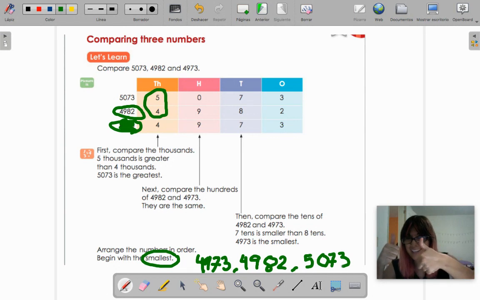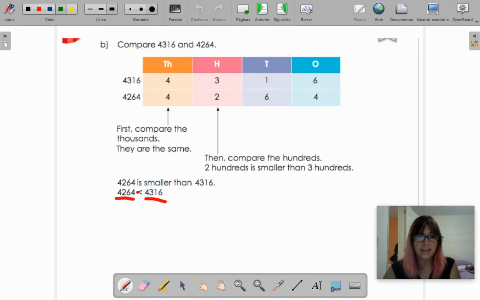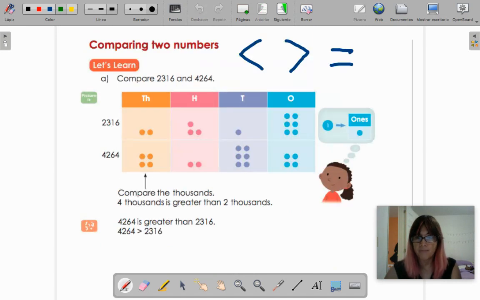Thumbs up? Excellent. I hope you understood all this. This is what you are going to do today. We're going to compare 2 numbers or 3 numbers, okay? When we compare 2 numbers, again, is when we use this symbol, okay? Like we did here, okay? Greater than, less than, equals.